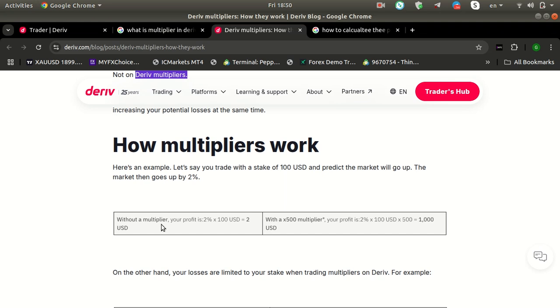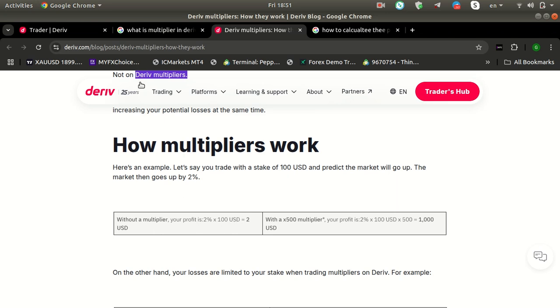Alright. So you trade 100 USD, the market goes up 2%. So without a multiplier, your profit is 2% of 100 USD, which is $2.